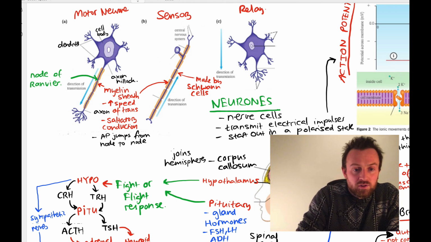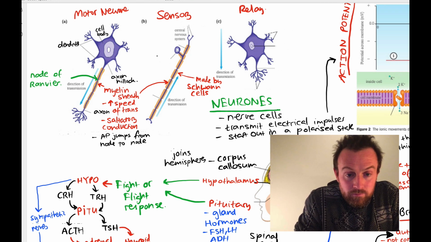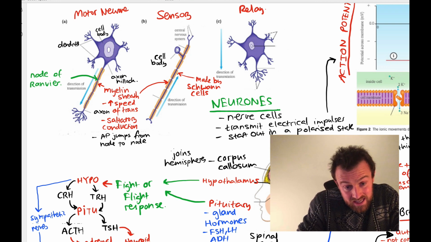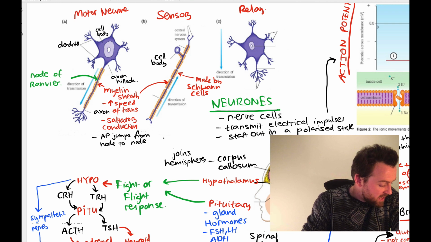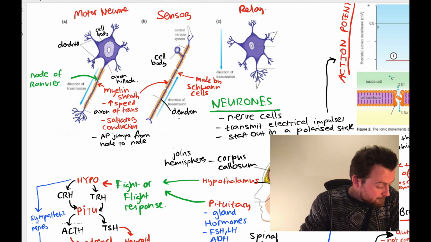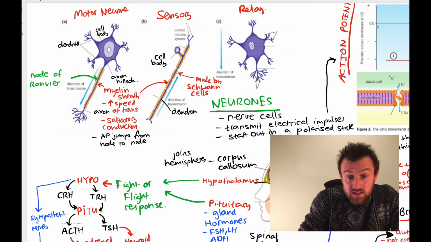Okay, right. If we move on to the sensory neuron here, we've got the cell body. The direction of transmission in this case is this way, which means that over here we've got the dendron, cell body there, and then we've got the synaptic endings.